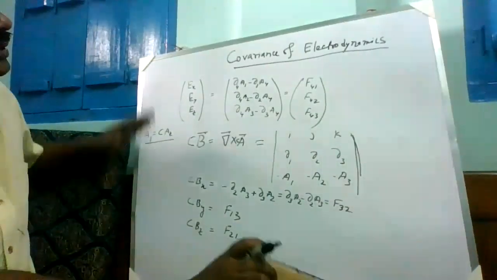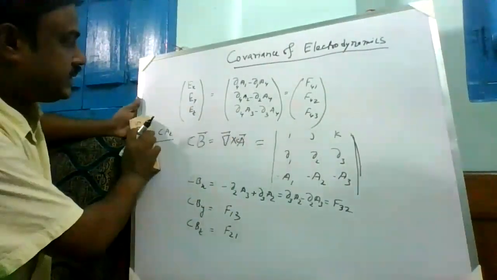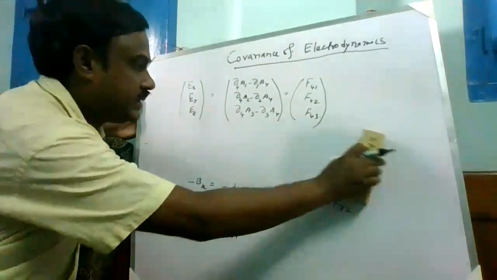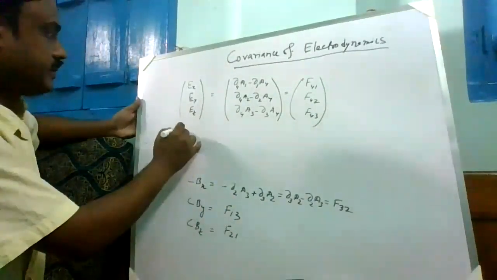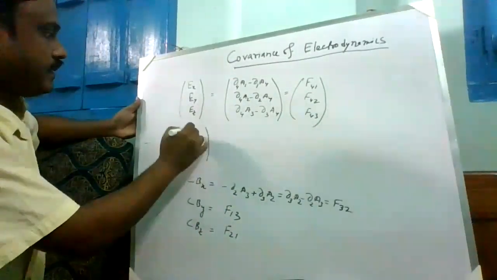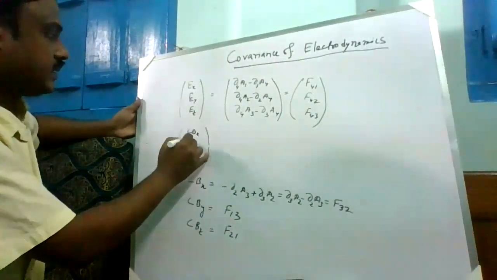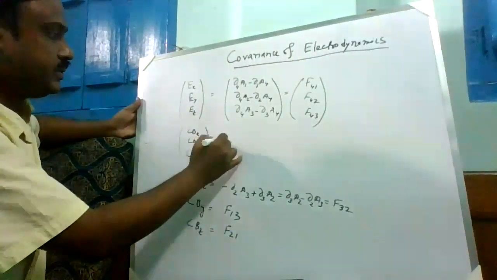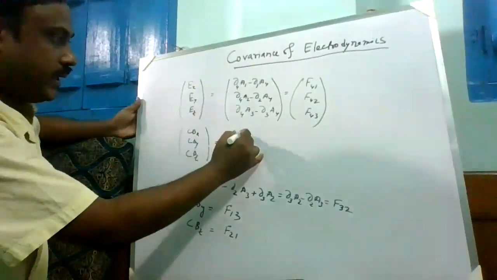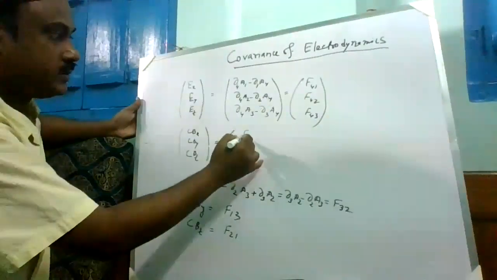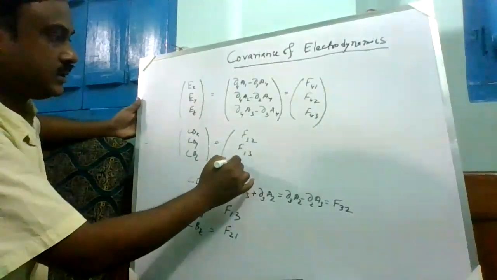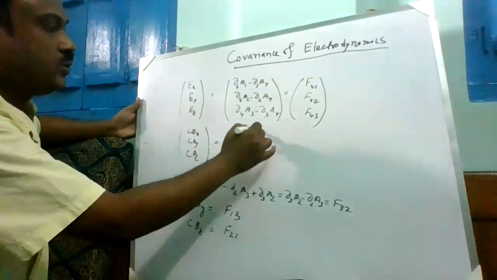So in matrix form, the B can be written in the same way: CBx, CBy, CBz will be equal to F32, F13, F21.